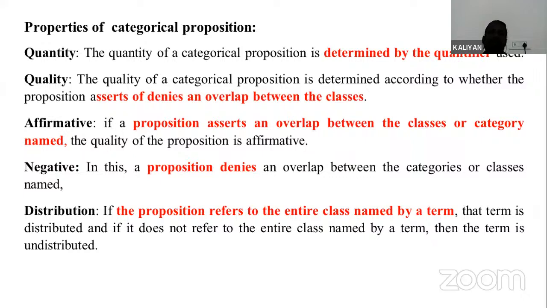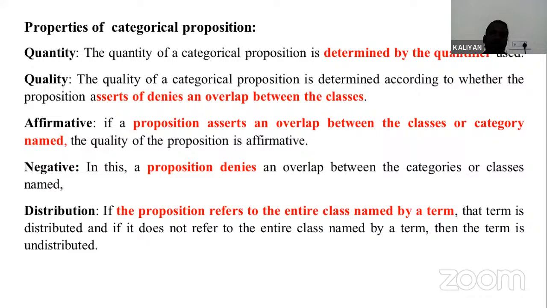See, whether the categorical proposition accepts or denies the argument, that is the qualitative. And it is affirmative if the proposition asserts an overlap between classes or categories. So affirmative means it asserts, so all the classes are accepted. That is called affirmative.